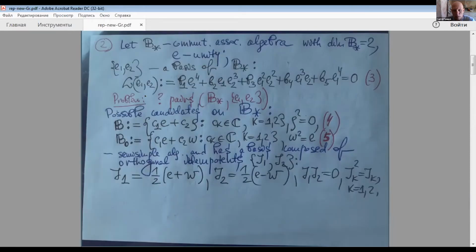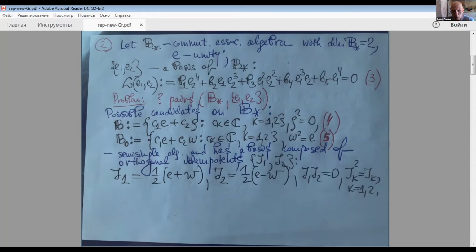Our first problem is to find a pair of B star and each basis E1, E2 which satisfies condition 3. There are two possible candidates for the algebra B star, because we know that up to isomorphism there are two such algebras.